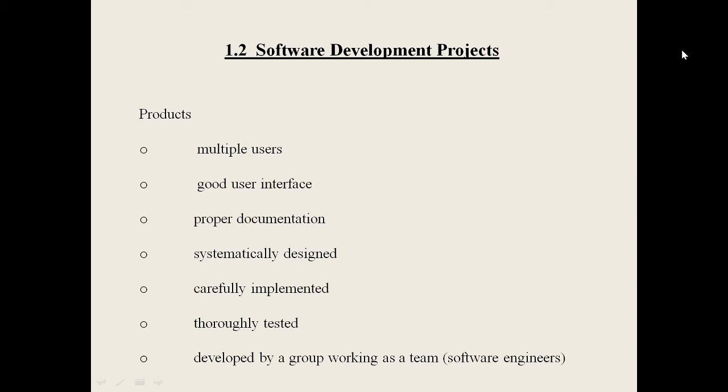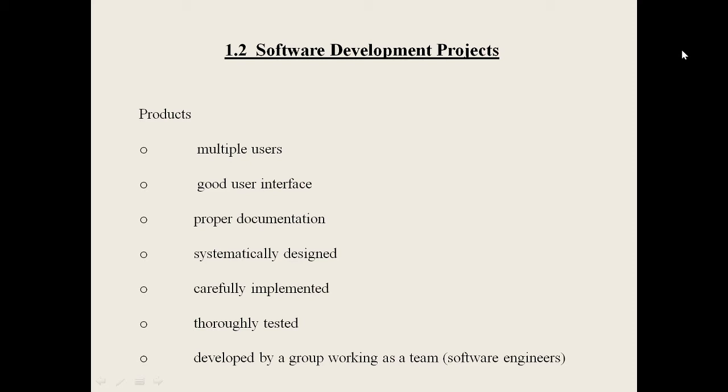For that reason, as we said in the earlier class, for certain reasons softwares are engineered, not crafted. And here products are developed by a group working as a team. So it is teamwork, and it is not developed by a single person.